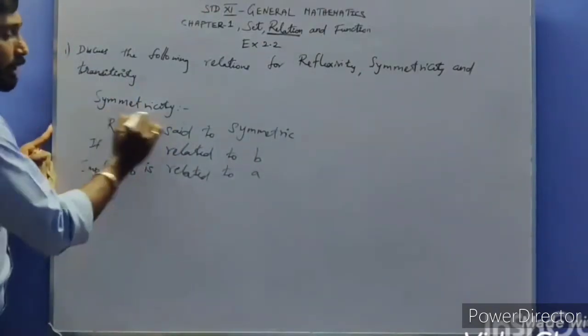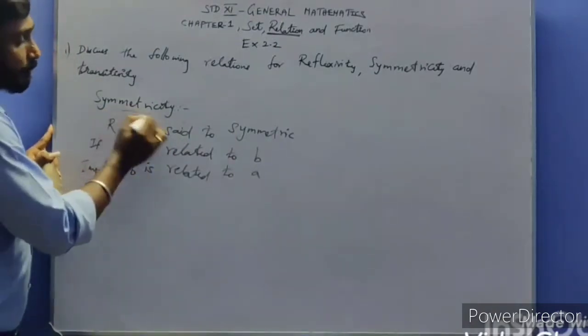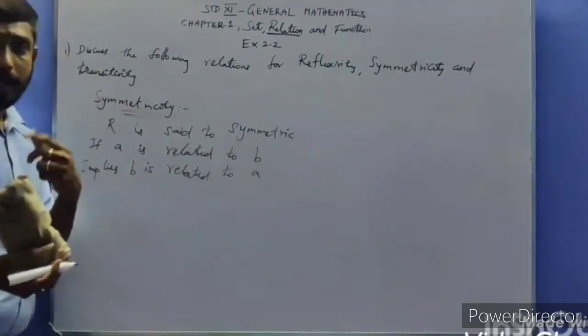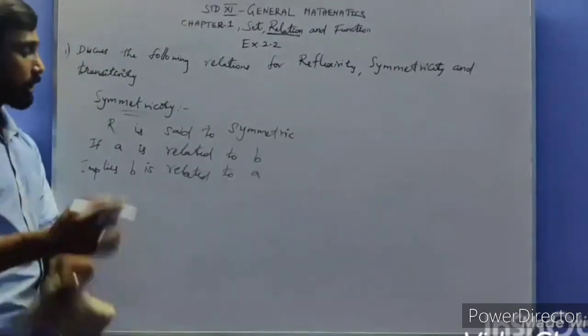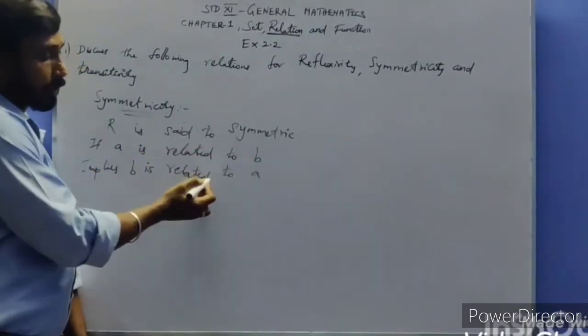That will be symmetric. It is an example for symmetry. If I am taking class for you and you are taking class for me, that is A is related to B, B is related to A.